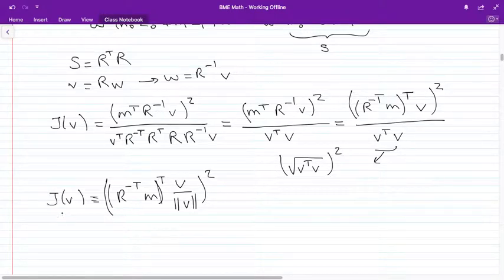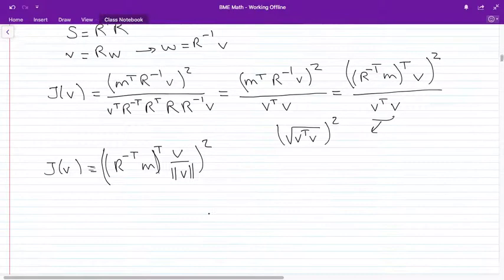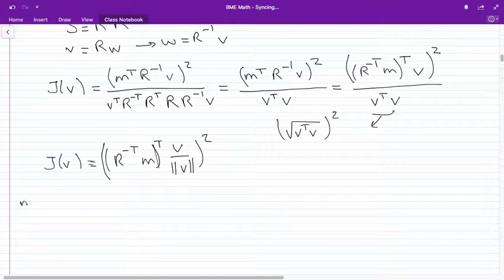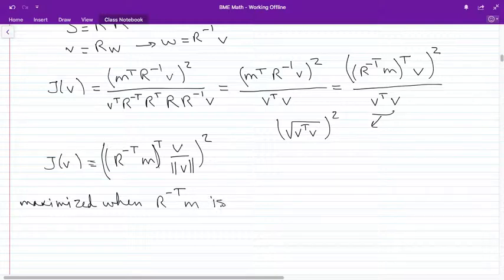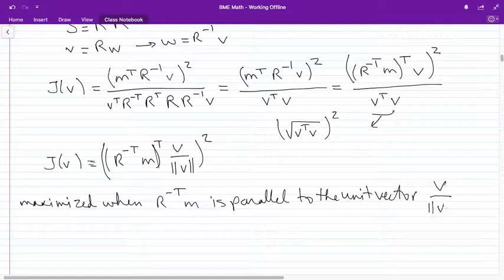So this quantity, which is in terms of V, is maximized when this vector R minus 1 transpose M is parallel to the unit vector V divided by its size, divided by its norm.